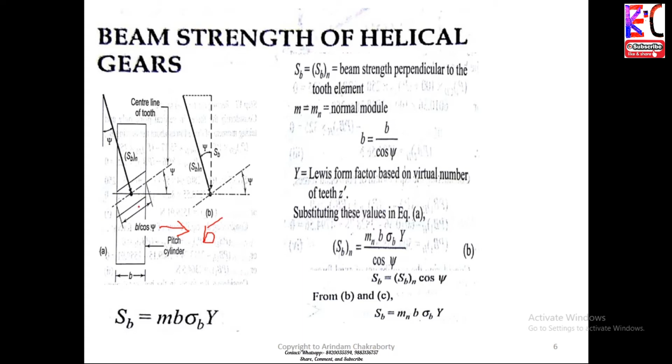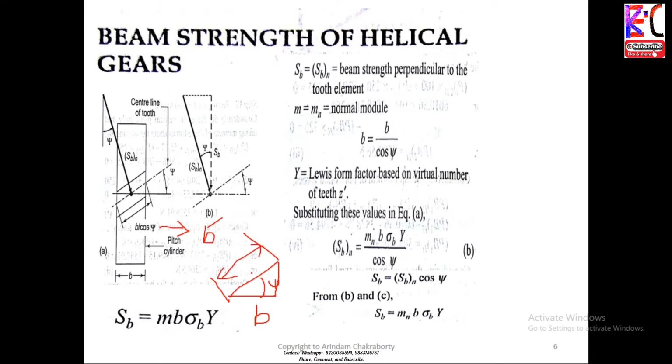How did I deduce this B cos alpha? The simplest way. As I can see, there is an angle formation over here. This is an angle, this is B, at an angle psi. Then this is the actual teeth of the helical gear.